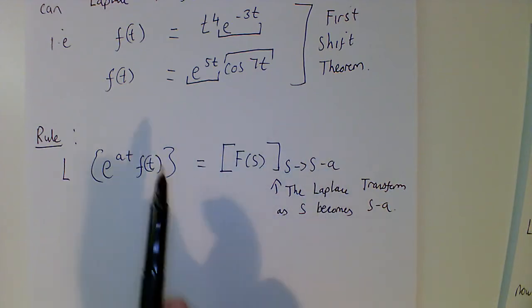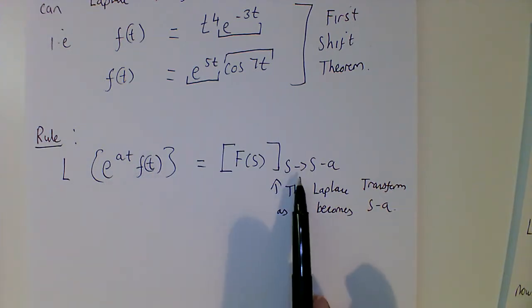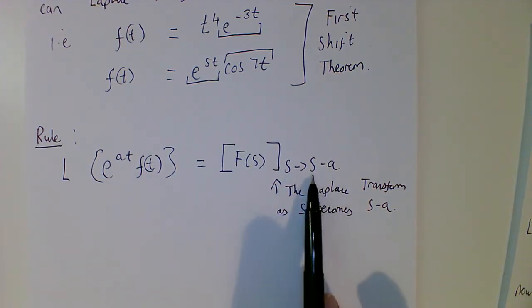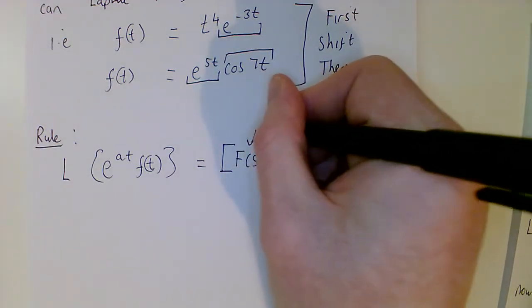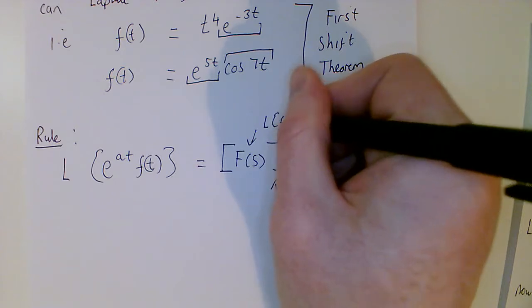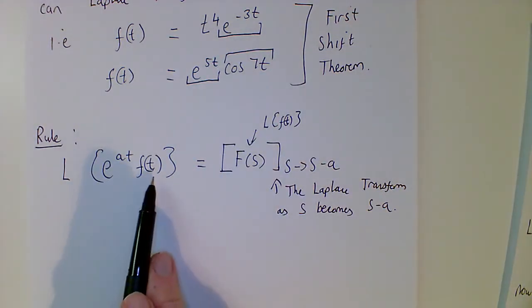So we just find the Laplace transform of this bit here, and then we write this extra little bit here. And remember that just means find the Laplace transform of that f(t) part.